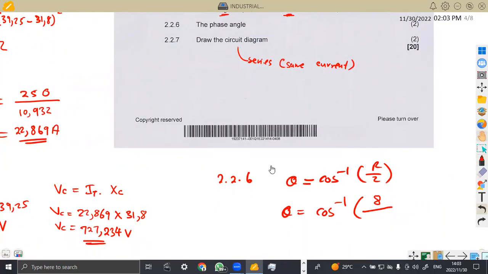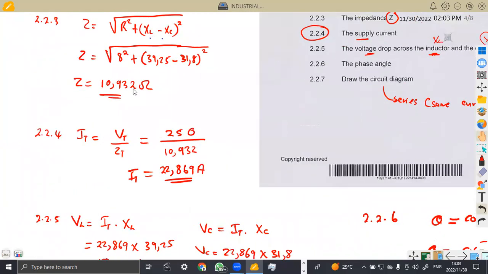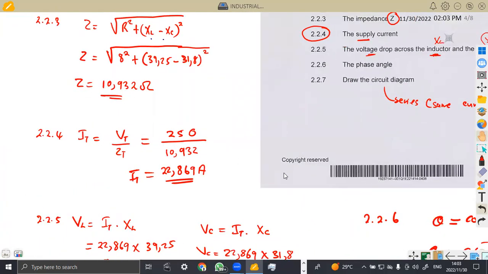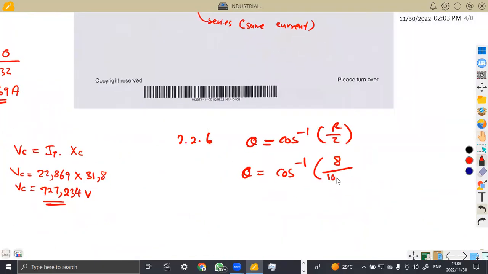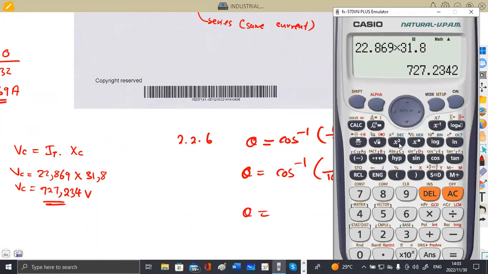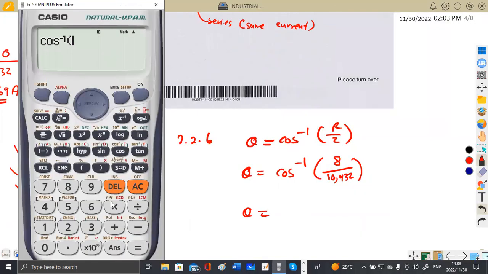Remember, we calculated the total impedance before. Here we got 10.932. So by doing this, we can have our angle. So let's use our calculator, arc cos. That's shift cos. This is 8 over 10.932.